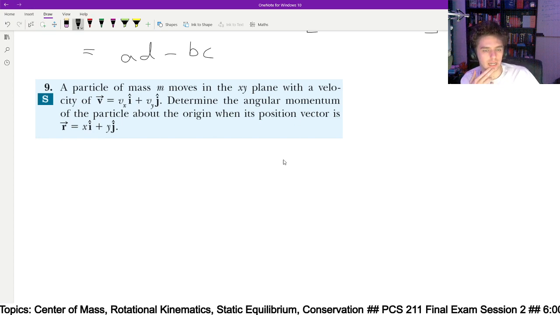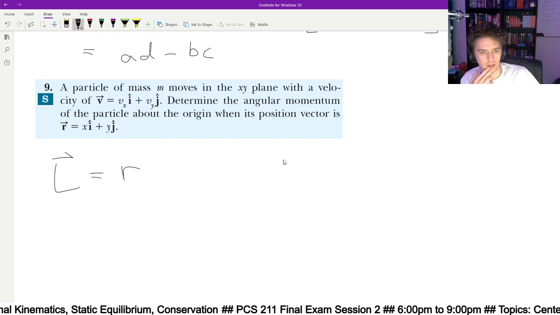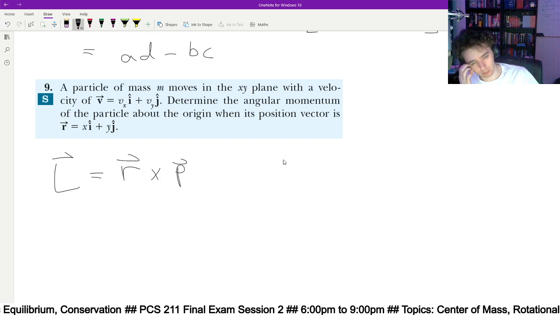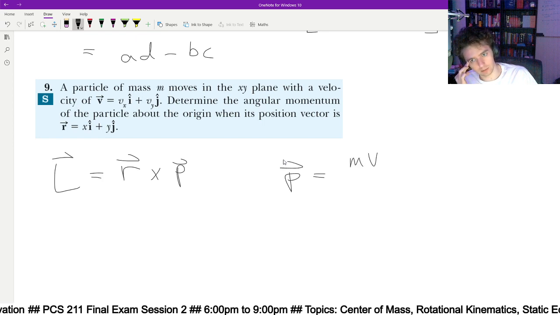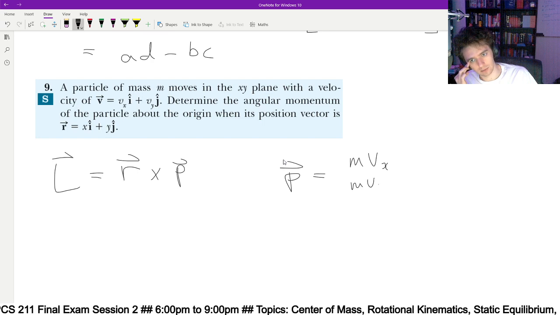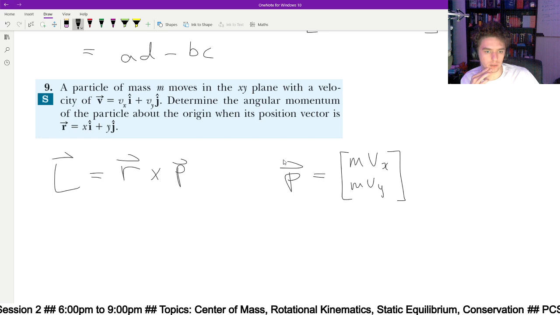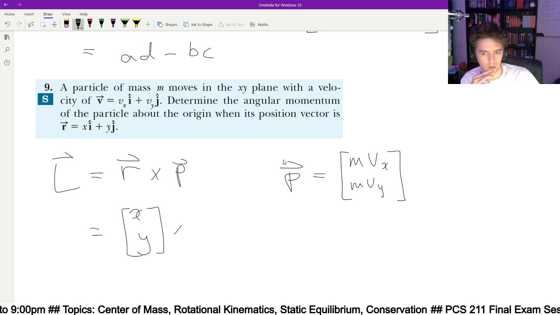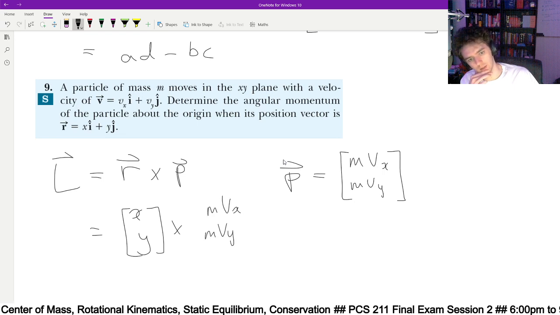So the general case is that I said L was equal to the radial vector crossed with the linear momentum vector. The linear momentum vector is just m times vx, m times vy. So I'm just crossing the radial vector, x, y, with m vx and m vy.